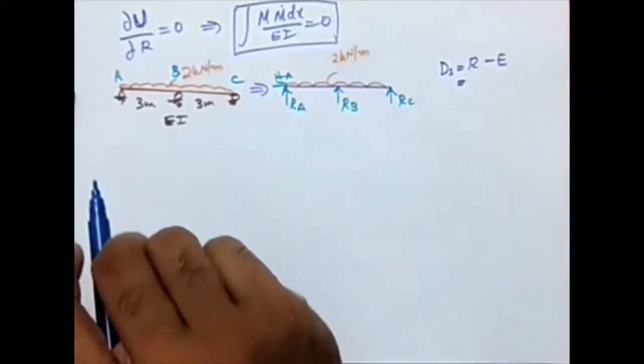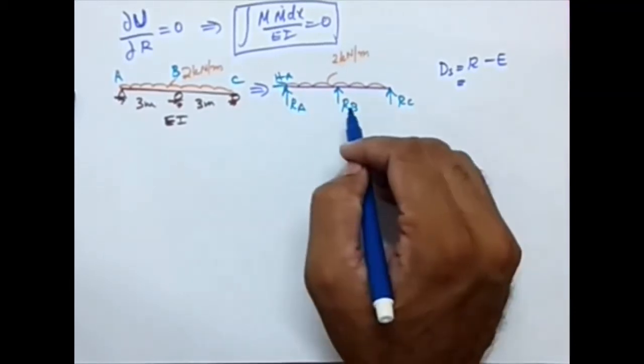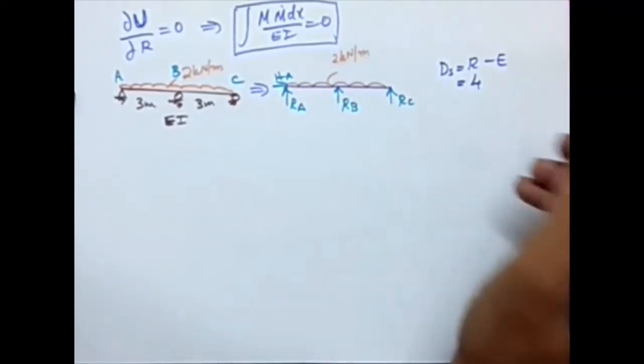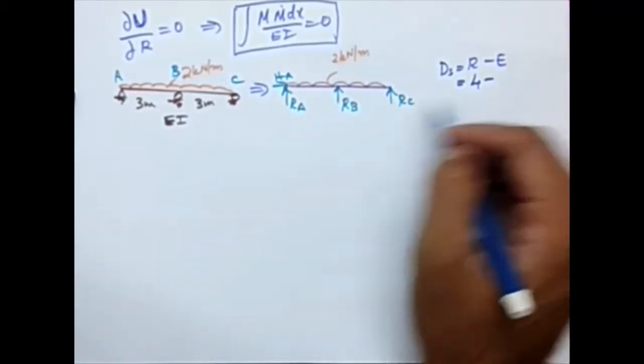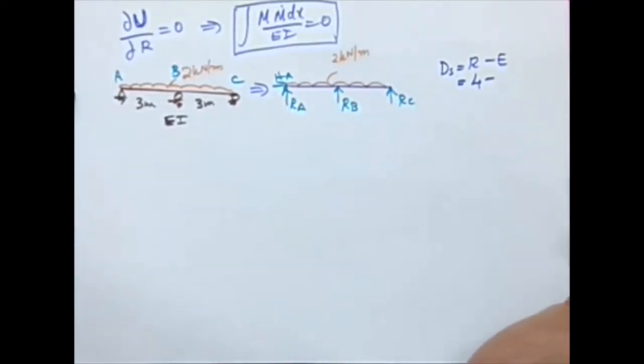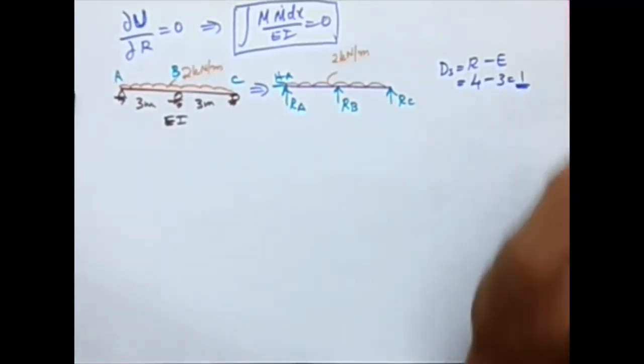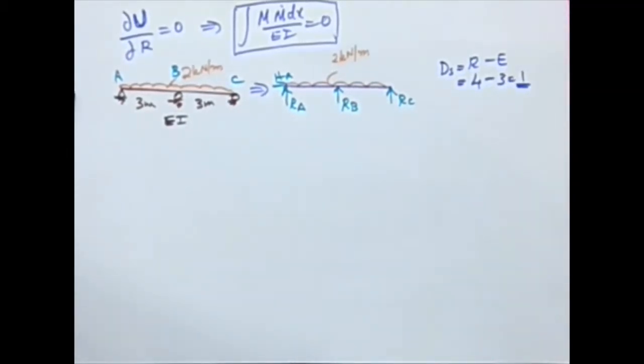In this problem, R is 1, 2, 3 and 4, so there are 4 unknown reactions. As this is a 2D beam, we have 3 equations of equilibrium, that is sigma Fx, sigma Fy and sigma M. So Ds is 1, which means I just need to release one reaction to make this beam a determinate structure.